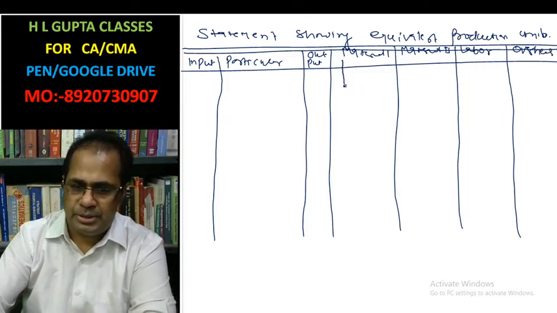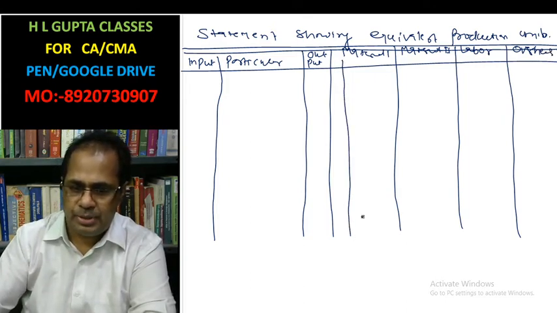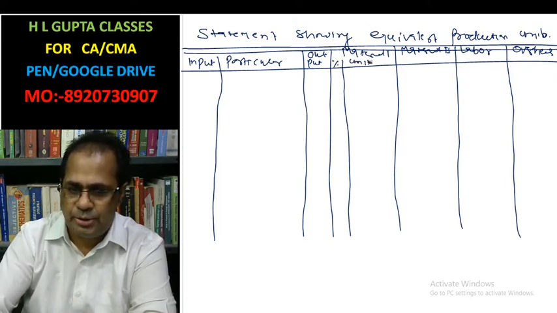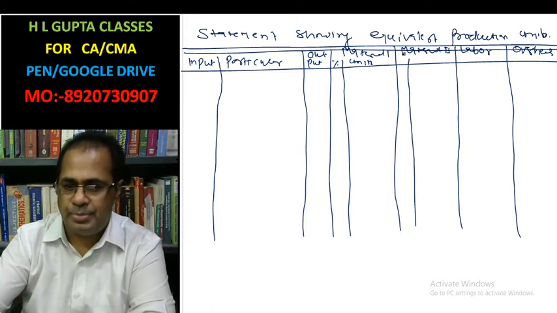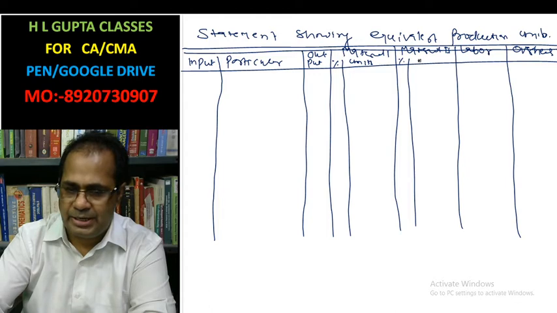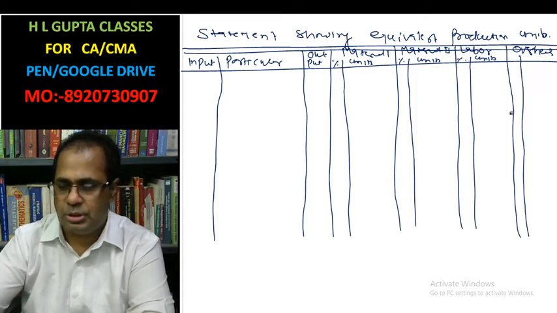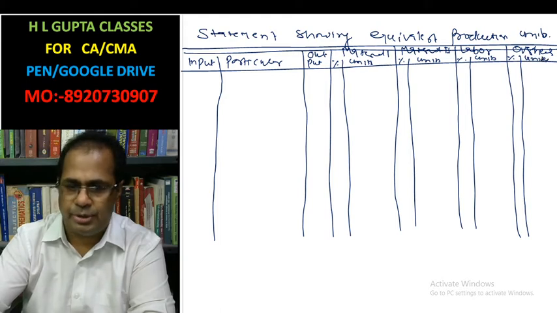In the case of the second, the percentage and units are written. In the case of the third, the percentage and units, and in the case of the fourth, you write the percentage and units.